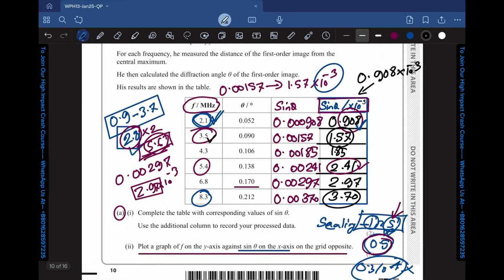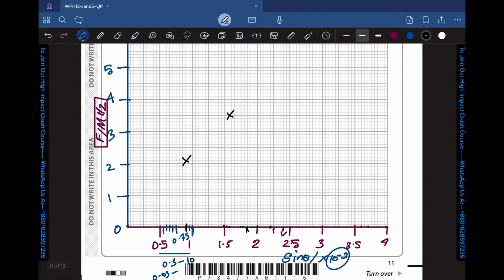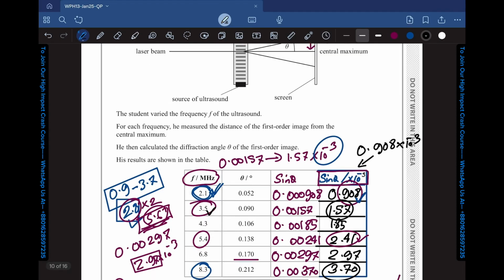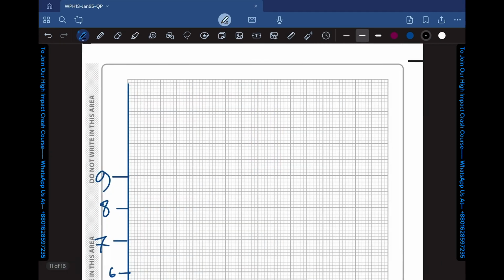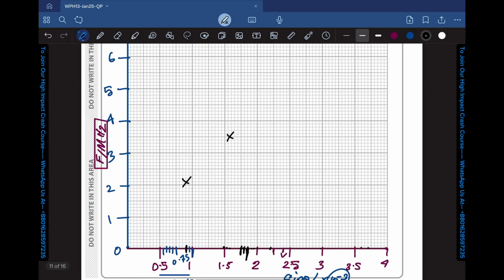Then it is 1.85 and 4.3. So if this is 1.75, this is 1.8, this is going to be 1.85. So for 1.85 it is going to be 4.3. If this is 4, then 4.3 will be right here, and 1.85 will be right here, right?